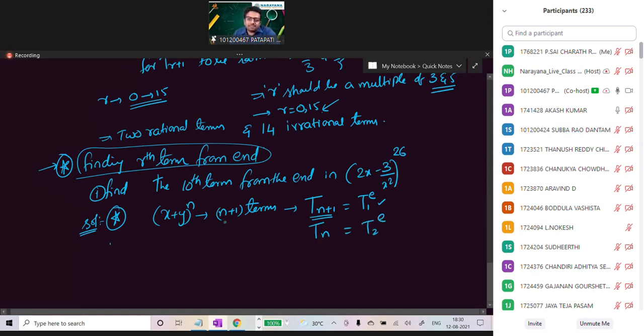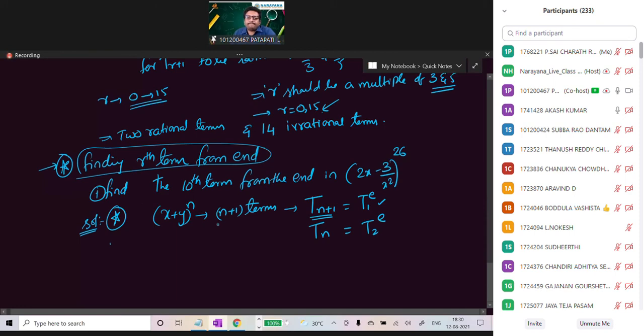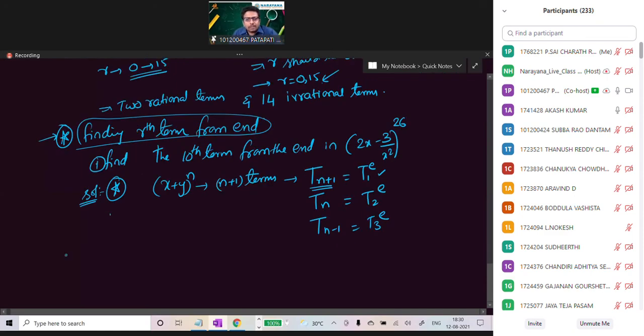T(n-1) will be the third term from the end. Do you see any pattern here?